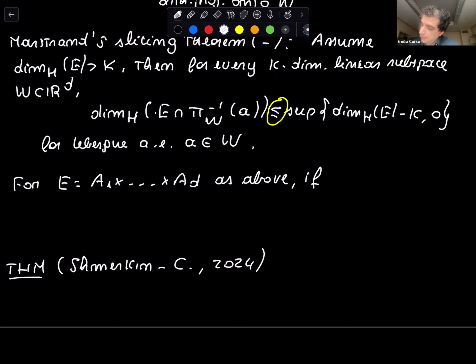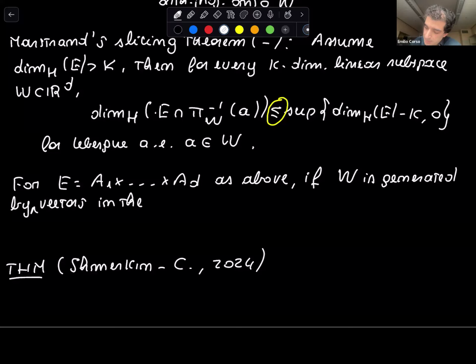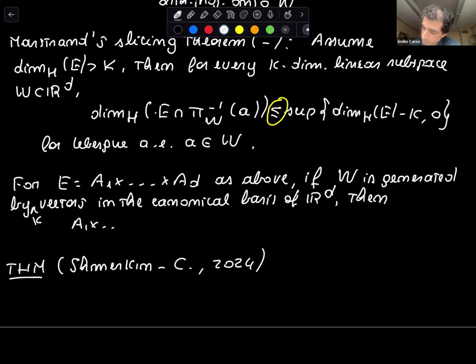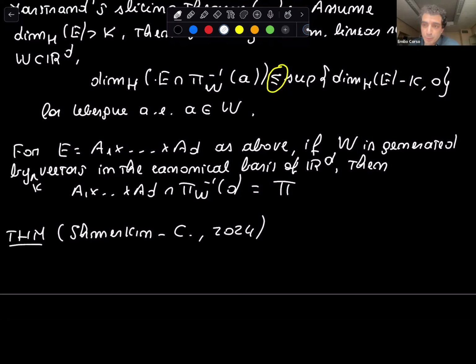If you take W, which is a coordinate subspace, namely if W is generated by K vectors in the canonical basis of R^D, then you have that the intersection of the product with pi_W inverse of 0 is simply a subproduct.